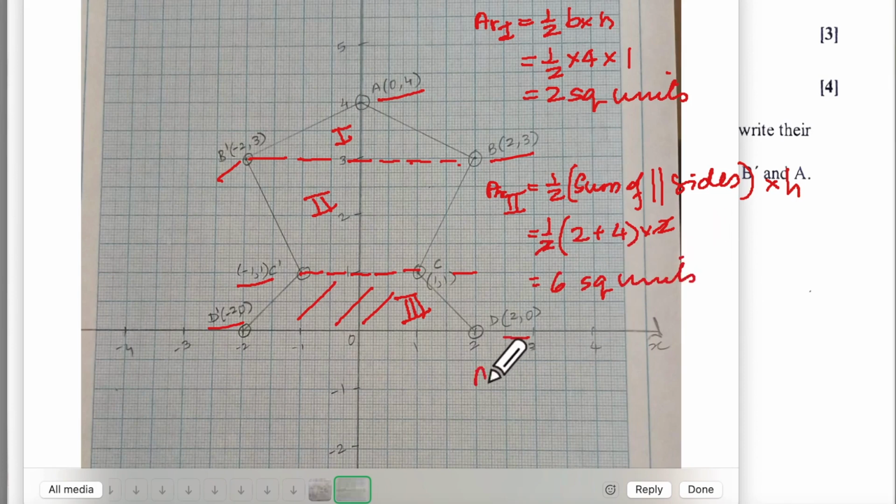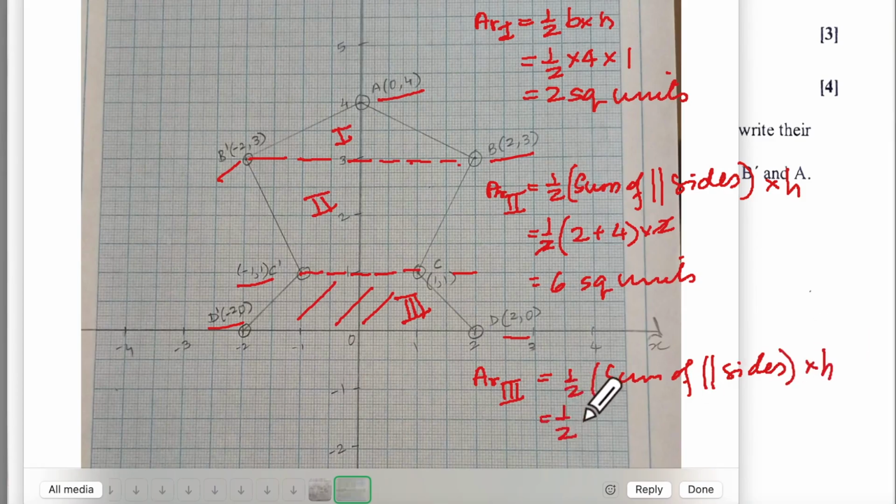Okay, then we come to area 3. Area 3 again is trapezium. So half into sum of what? Parallel sides multiplied by h. So that is half into bracket. This is 2 units. And this is how much? Again 4 units.